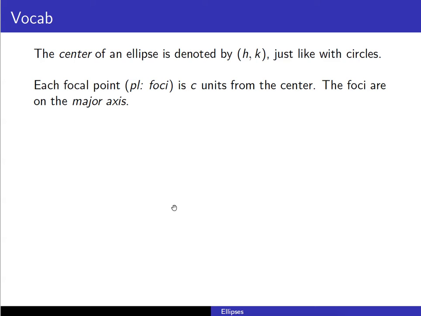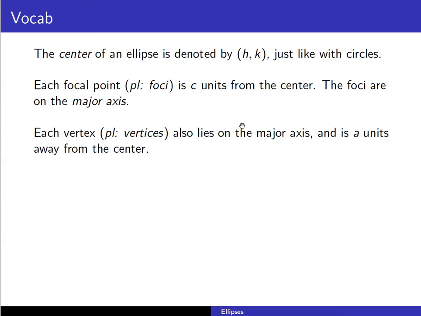If your ellipse is wide, your foci are to the left and right of the center. If your ellipse is tall, your foci are above and below. Each vertex, the plural being vertices, also lies on the major axis and is a units away from the center. Each vertex is on the edge of the ellipse.